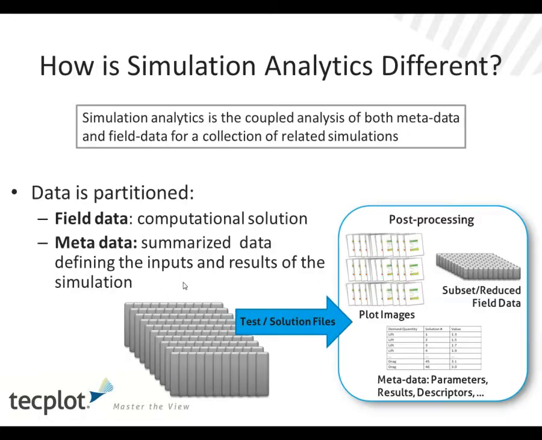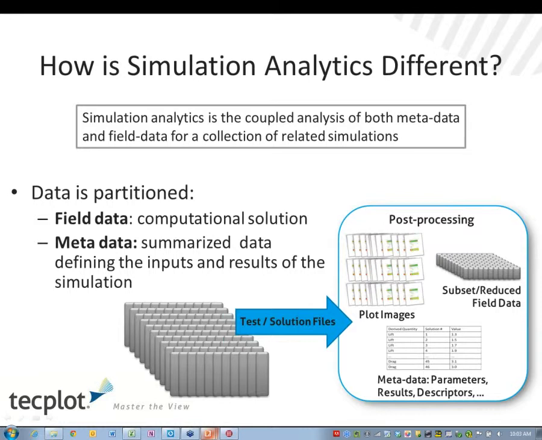So how is that different from simple business analytics? Well, the major difference is the nature of the data. Business analytics are applied to a collection of data like financial data or something. But in simulations, you actually have two levels of data.